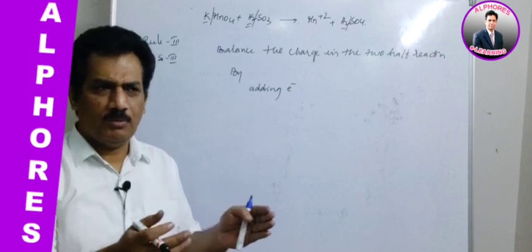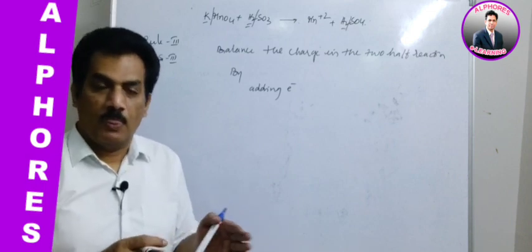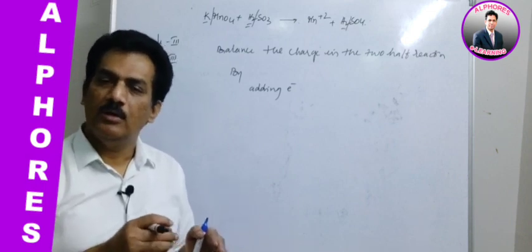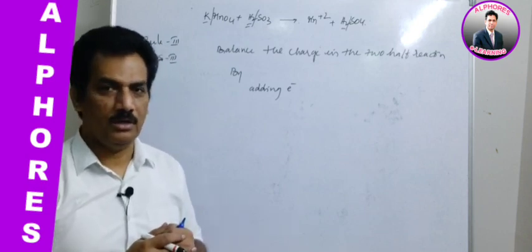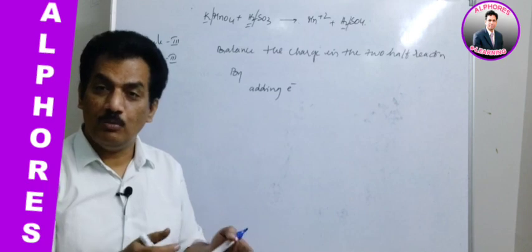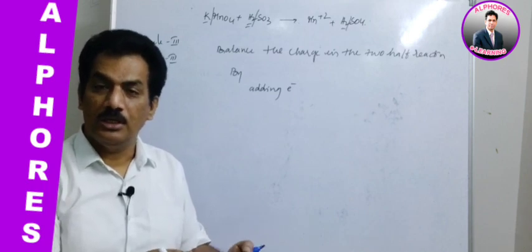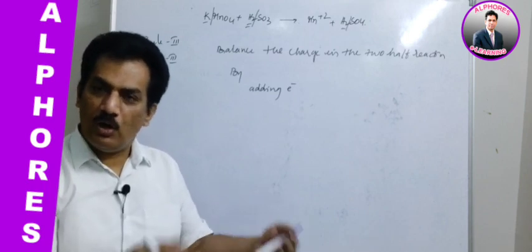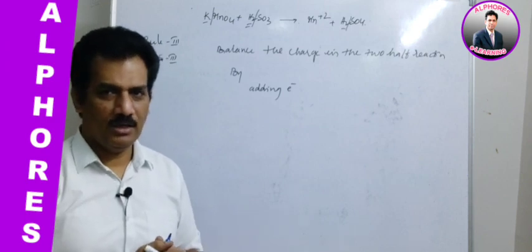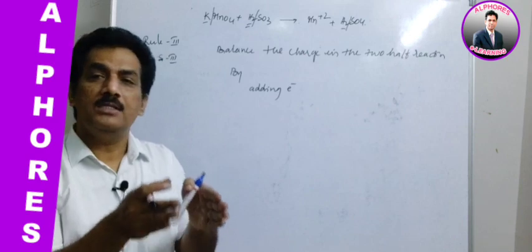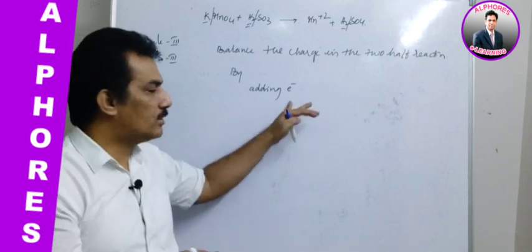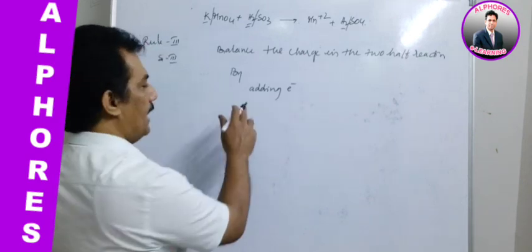Here some sort of confusion may be there, because when positive charge is present, we can balance that positive charge by adding a suitable number of electrons, is it not? But when it is negative charge, how to balance? Already negative charge is present. If we add electrons, still more negative charge will be present, is it not? Like that we may think, but actually what is happening is, to balance positive charge, add electrons on the same side.